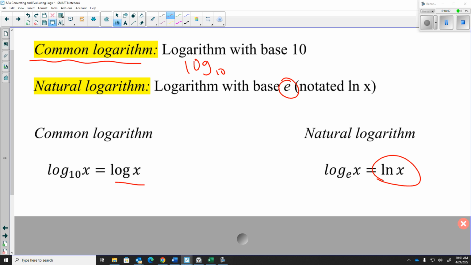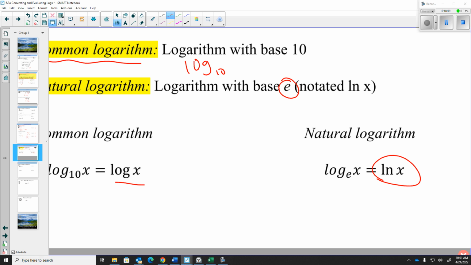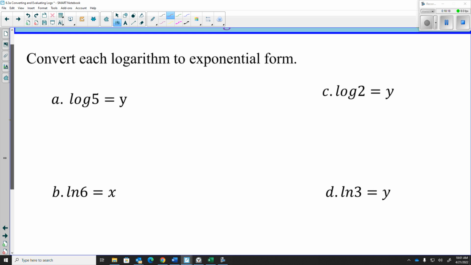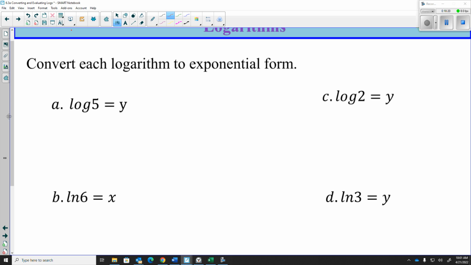Let me show you a quick thing with this, just to drive it home. To convert each log to an exponential, we have to know what we're looking at. It says log of 5. There's no base written. What is the base? It's 10. If the base is not 10 or e, they'll have a number there. So I know that this is a 10 down here.